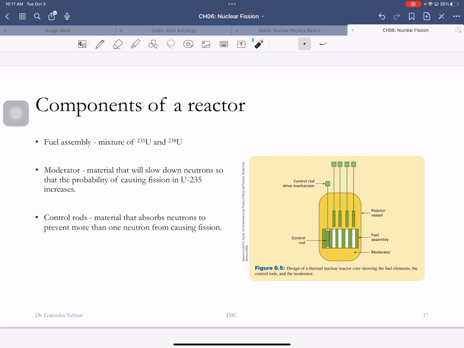So if you have a bunch of particles moving fast, if you want to transfer energy to lose energy, you have to collide with somebody of equal mass or less. Okay, that's the idea. So that's where we said the moderators have to be light atoms.